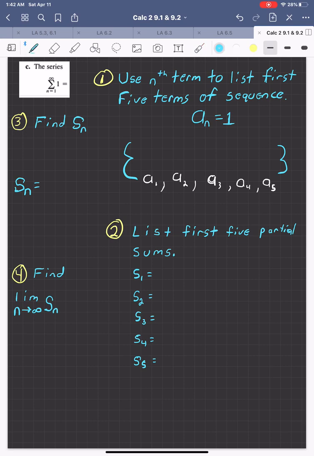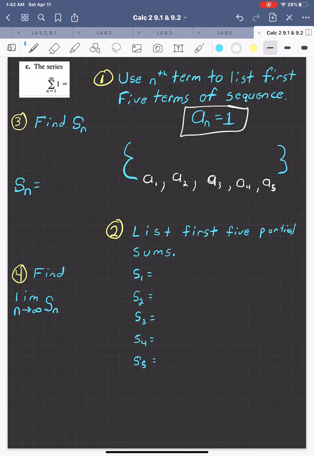But this last one, I'm going to go through pretty quickly, because let's look at the series. We want to take the sum, right? It's the series, and what is our general term? What is our nth term? It's just 1. If you think about that, let's just list what's the first term. Look at your general term.